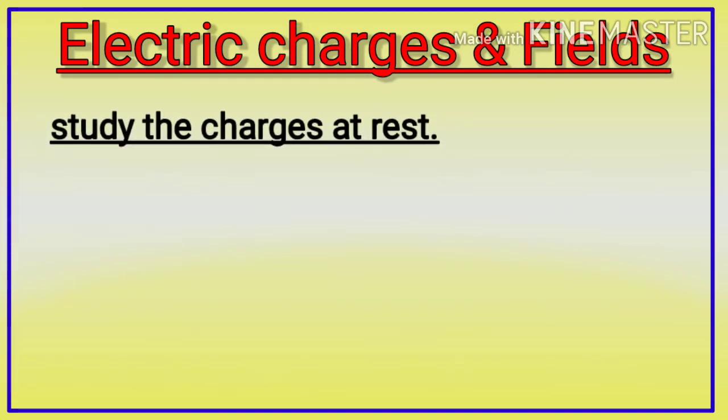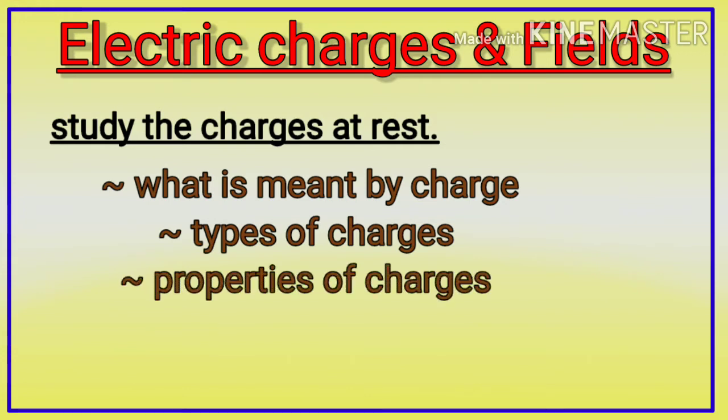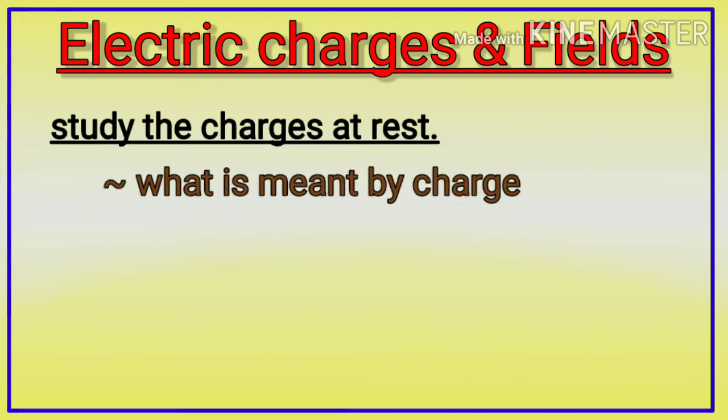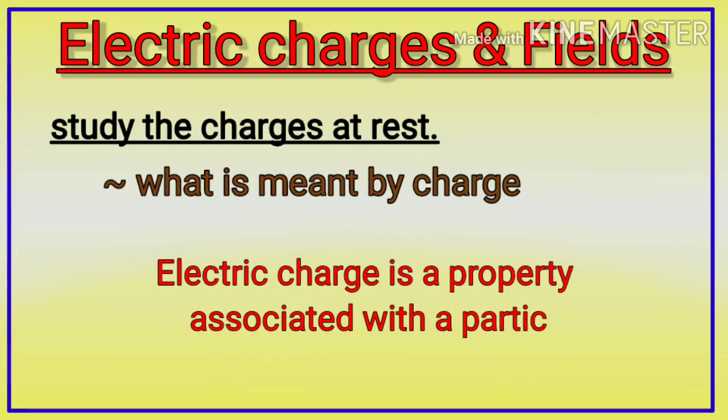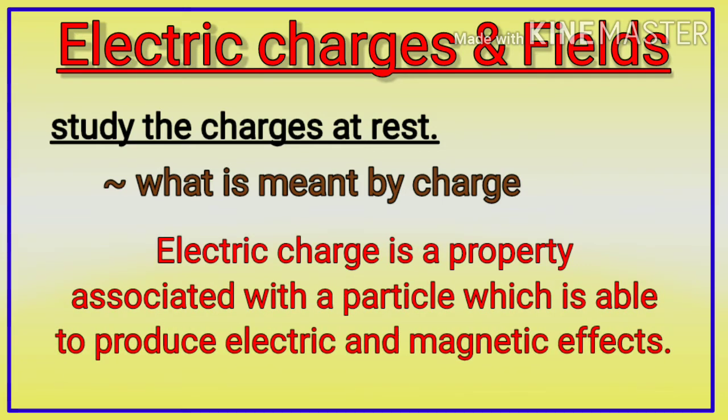That means what is meant by charge, types of charges, properties of charges, quantization of charge, and the law of conservation of charge. Okay, first of all, what is meant by charge? Electric charge is the property associated with a particle which is able to produce electric and magnetic effects.